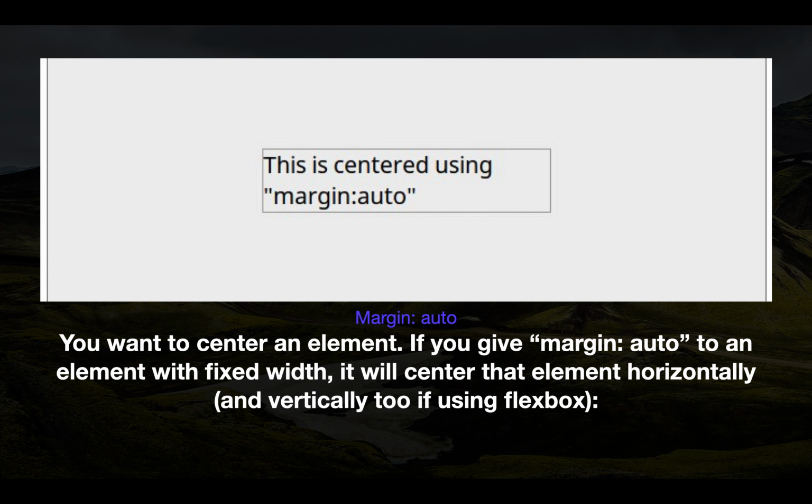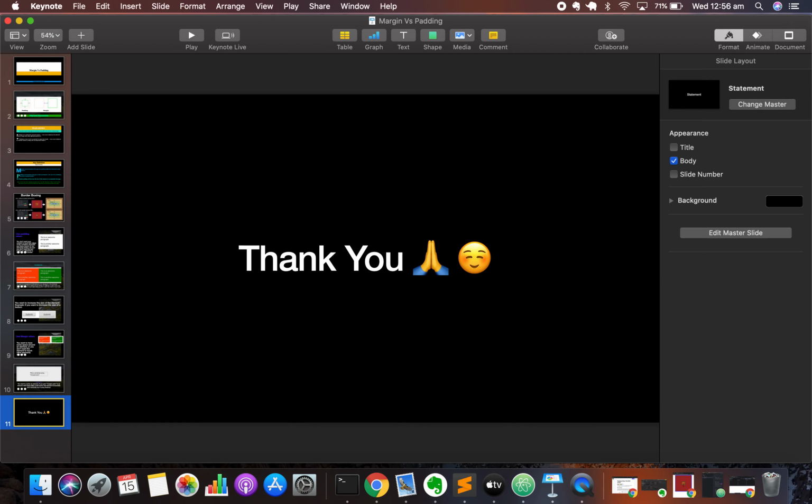Here I have introduced another property which is margin auto, which pushes the element to the center horizontally. If you want to push the element vertically, you can do it through the flexbox property, which I will show you at the end of this slideshow. Okay, let's go to the coding part.